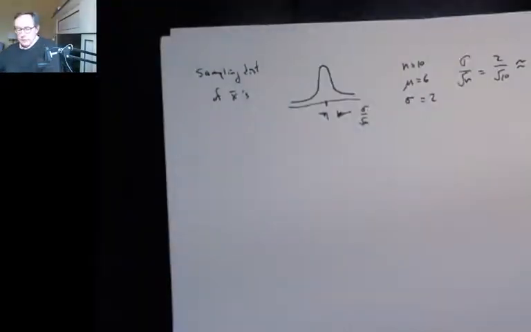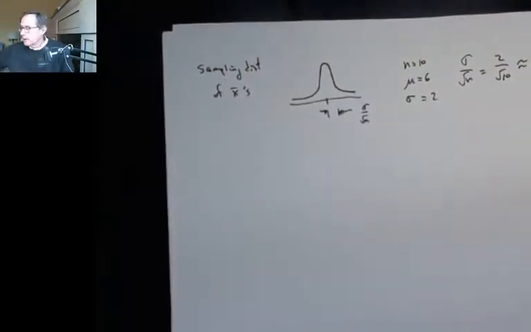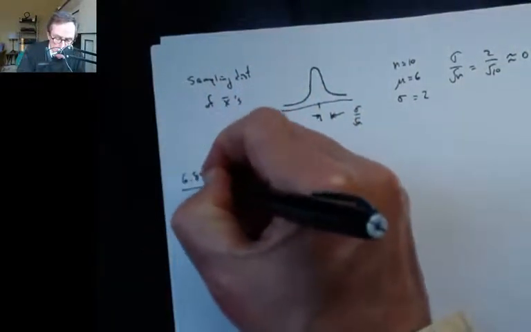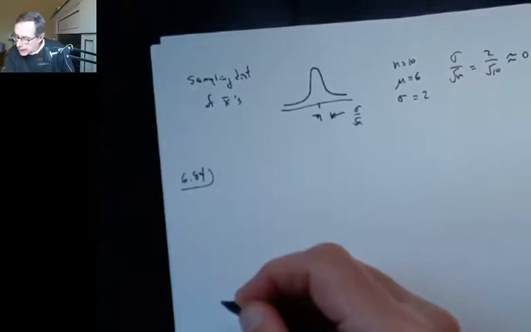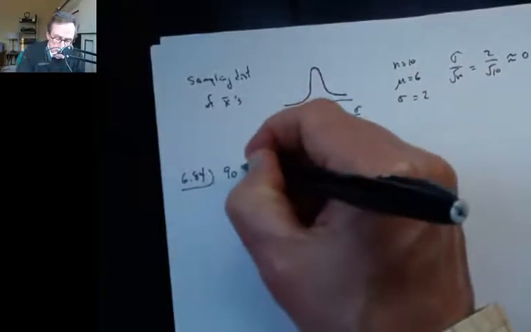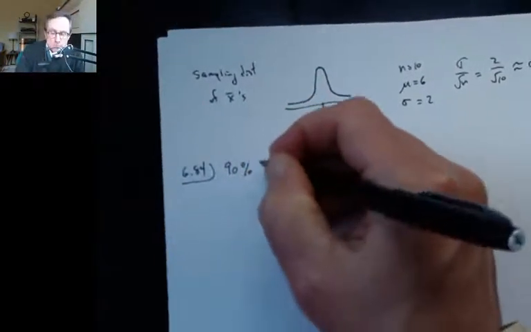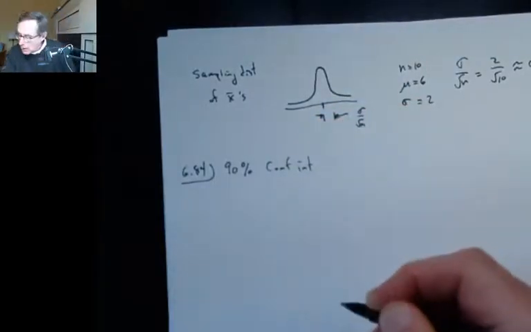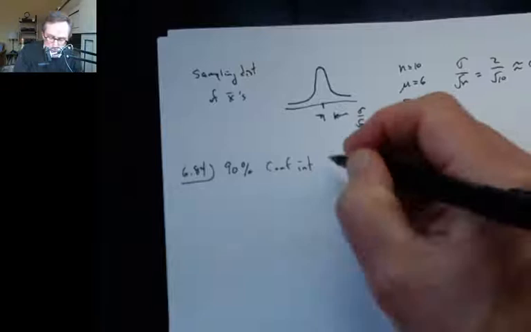I'm sorry, the camera for some reason doesn't focus all the time. So I'll write these things down. This is number 84. And they want a 90% confidence interval. And they tell me you're supposed to use mu.